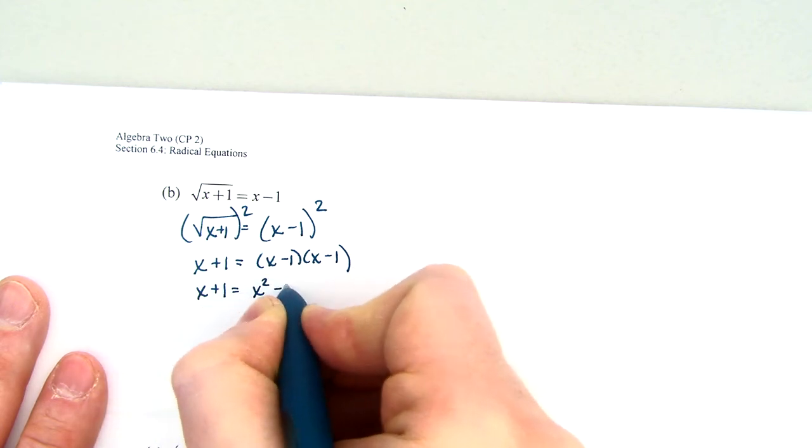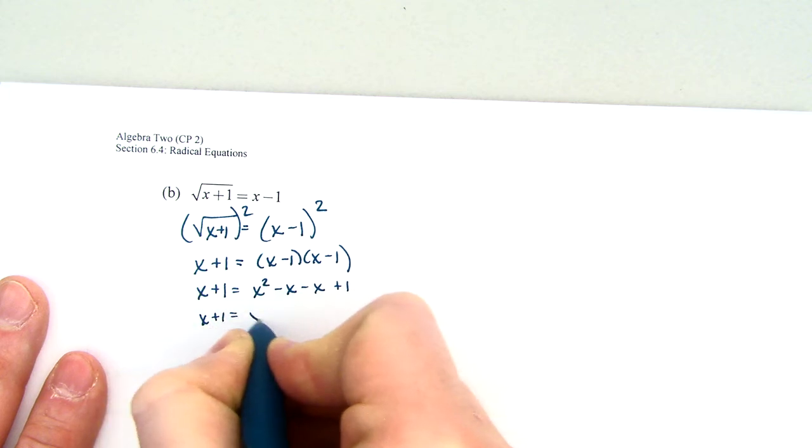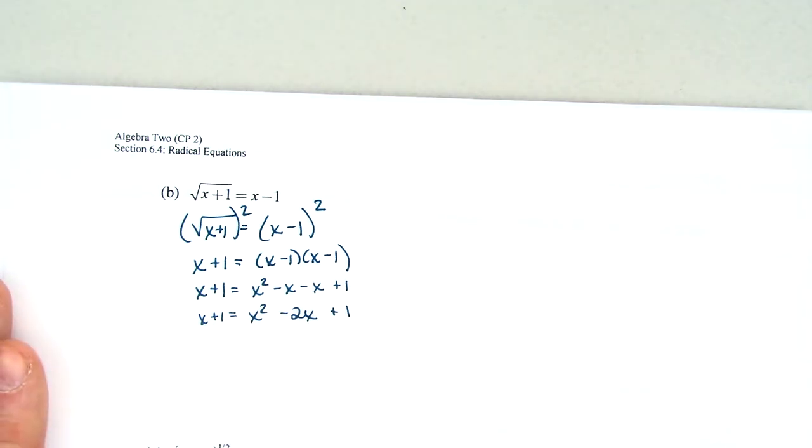So I think it should be x squared minus 2x plus 1.